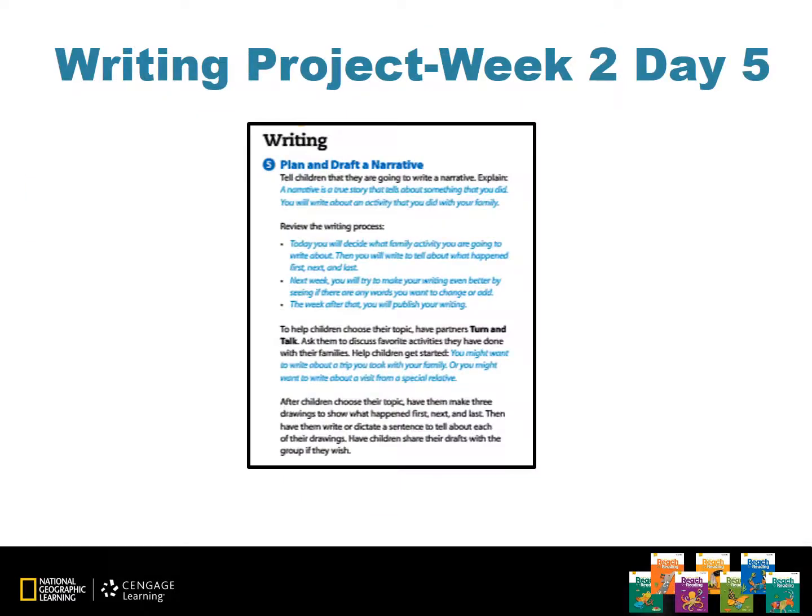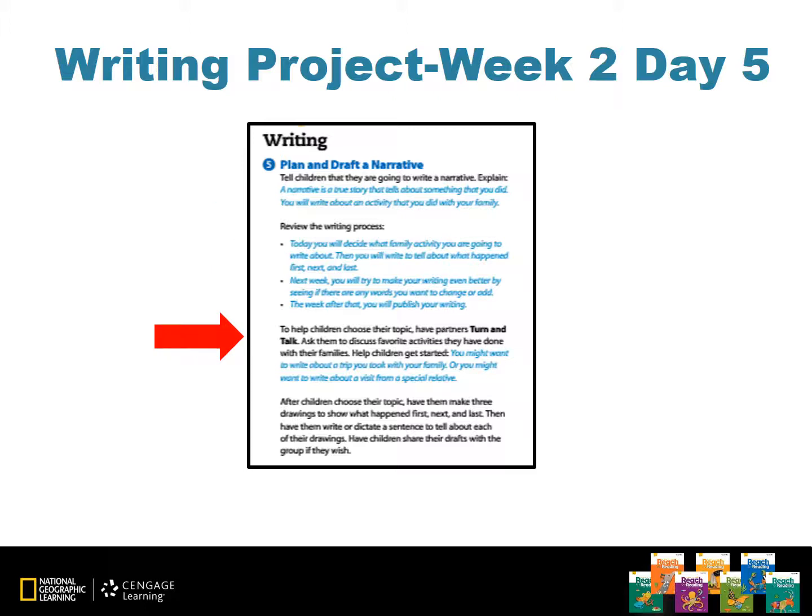To help us understand this writing project, let's look at an example of a writing project used in Unit 2. First, teachers would introduce this narrative to their students and explain that it is a true story about something that a student did. Then explain the writing activity and review the writing process with the students.